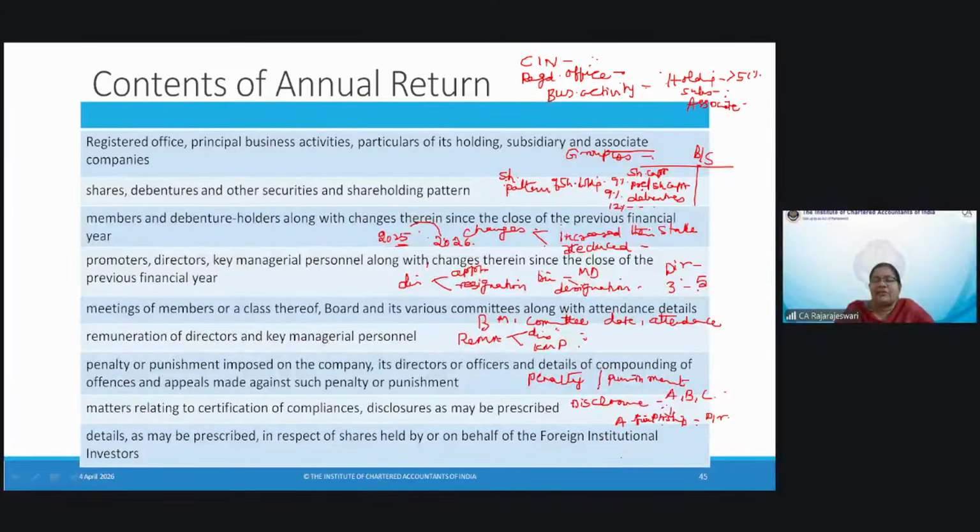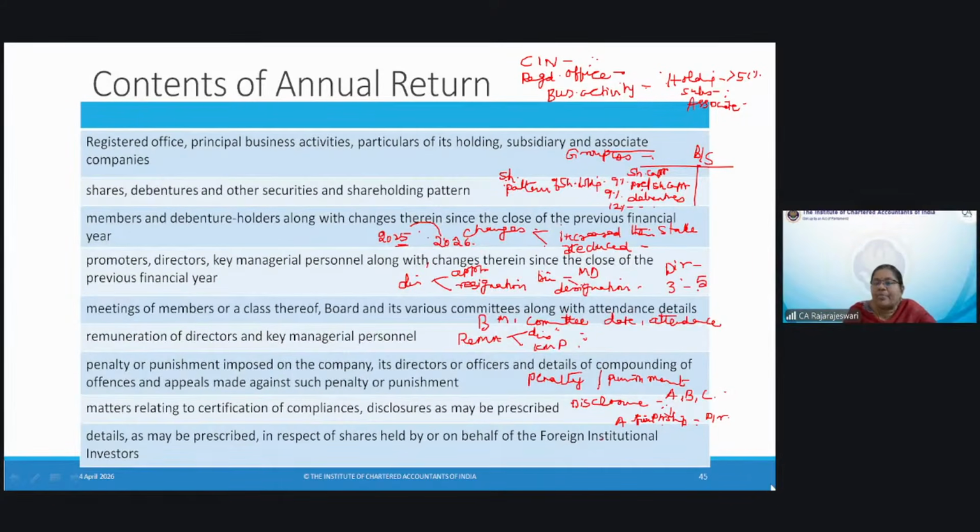Whenever they enter into a transaction, that is deemed to be a related party transaction. In practical sense, every company gets it at the beginning of the year, and in the first board meeting it will be placed before the board, and they will take note of the disclosure by each director. Every director will give the disclosure, even if he is not concerned or interested, a nil disclosure. So we will get it in writing and place it before the board.